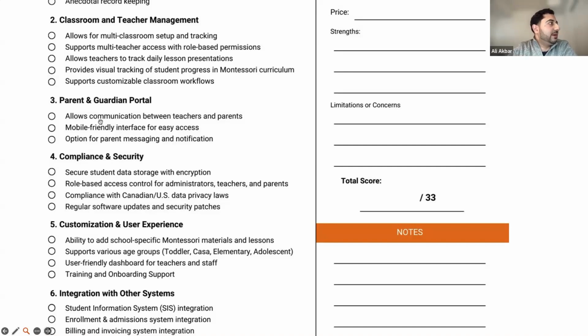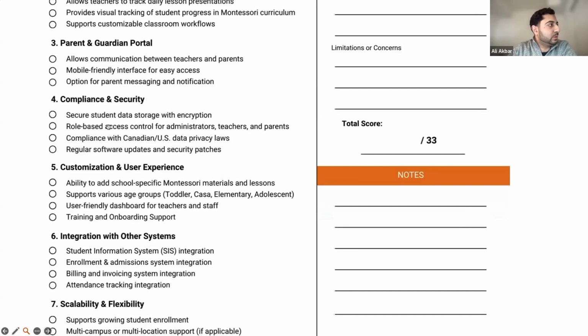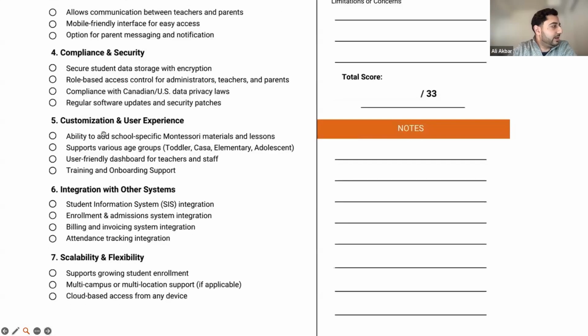And it covers a few different areas. So it talks about if you want a parent and guardian portal, you'd want it to be mobile friendly for easy access. We go through the role-based access, which we talked about, like if you want it on a classroom level. And we also go into user experience, if you wanted to connect or integrate with other platforms that you might use at the school.